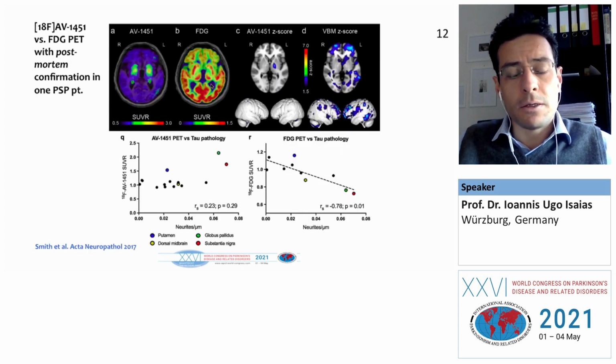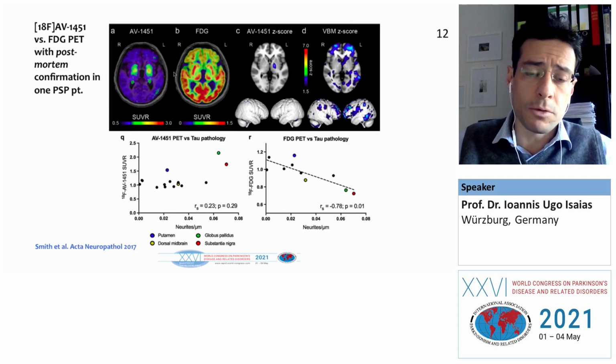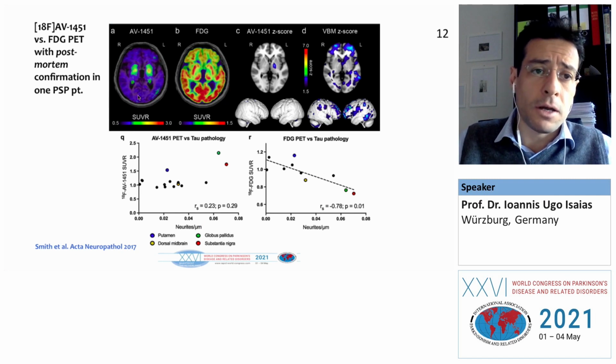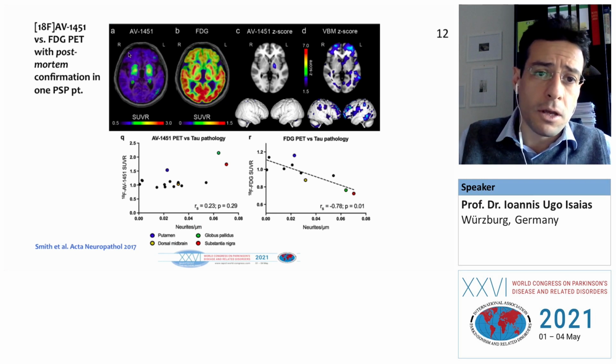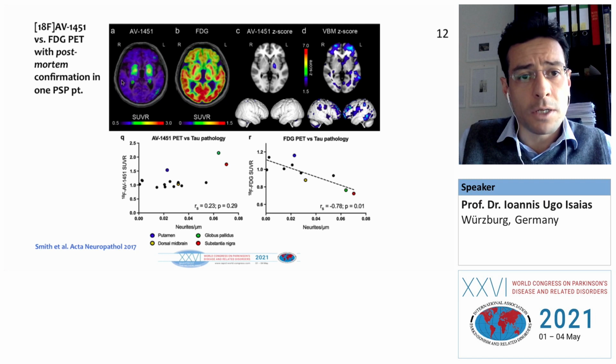Still one problem remains, which is the correlation with anatomopathological findings, so post-mortem findings. This is a case report by Smith and colleagues using a novel PET ligand, called AV1451, which binds protein tau. This is quite important.